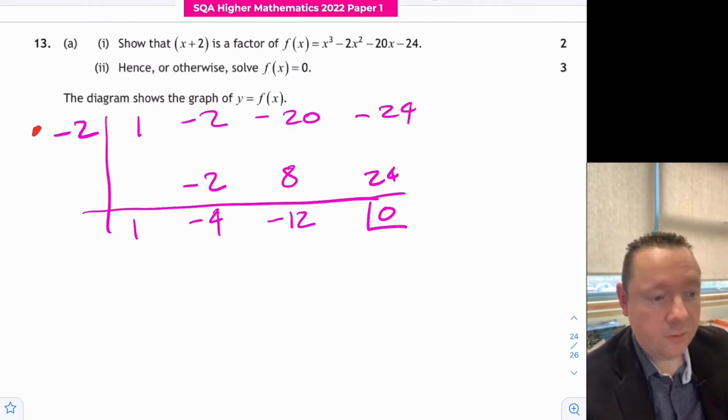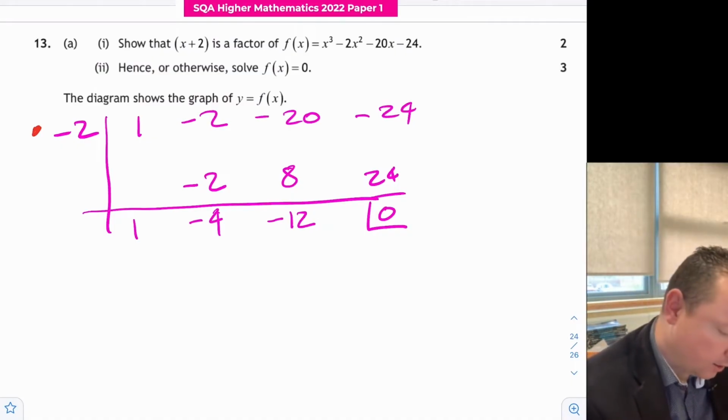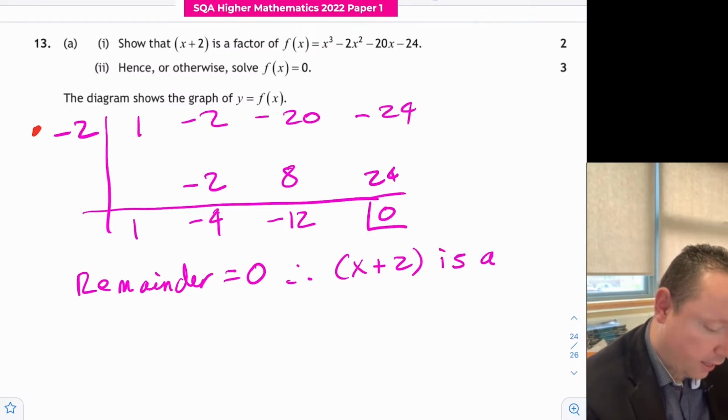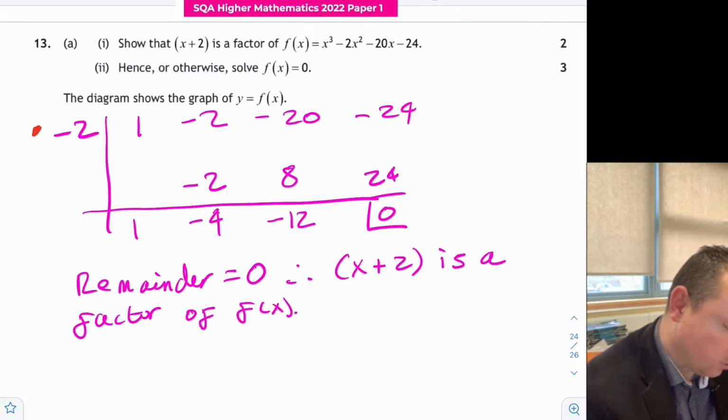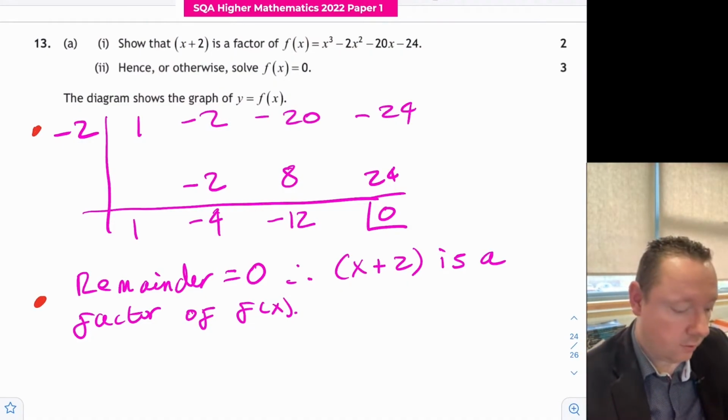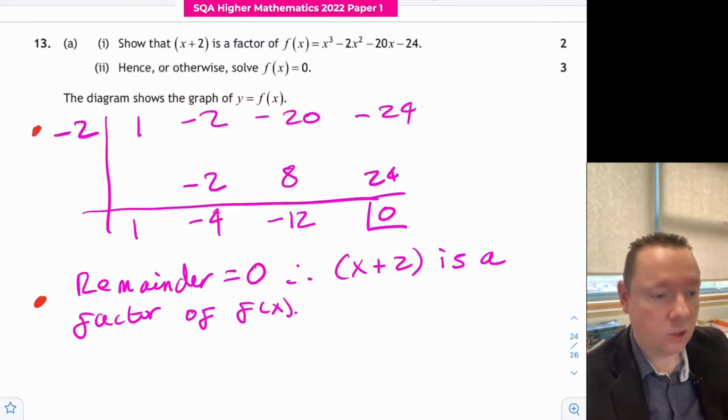So we need to complete the division and interpret the result. So we've completed the division, but we're not actually saying anything. We now need to say that since the remainder equals 0, therefore x plus 2 is a factor of f of x, and that gives us our second mark there for completing the division and also making our statement.